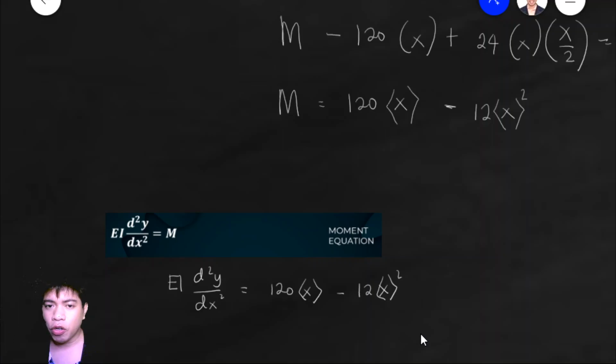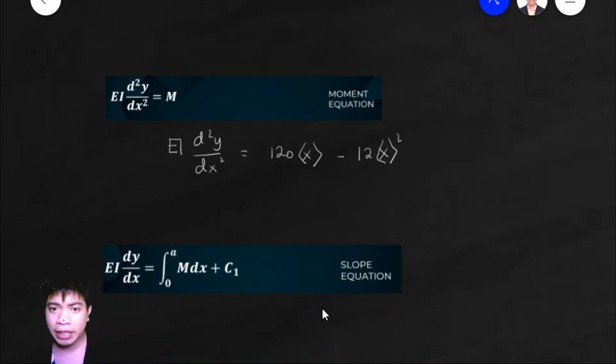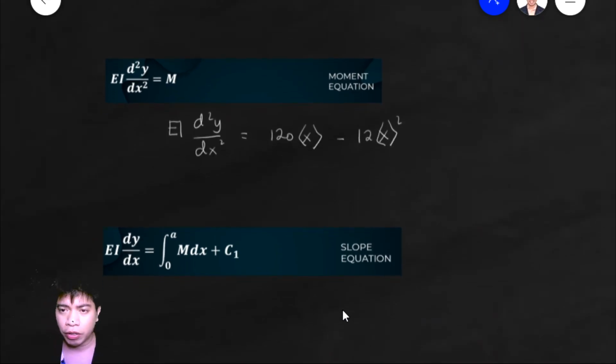So para sa slope equation guys, no, ang kailangan natin gawin ay i-integrate itong ating moment equation. So yun, so isang integrate lang, i-integrate natin isang beses and then yun na yun ating magiging slope equation. Okay? So EI is constant, so of course EI pa din to. Ayun.